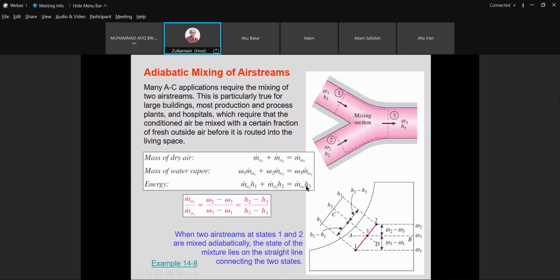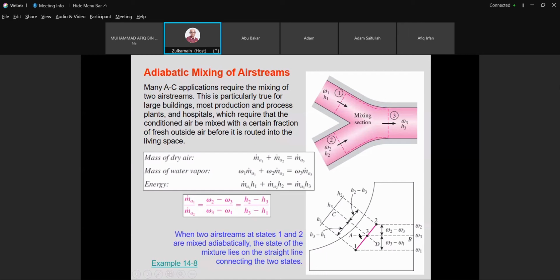From this equation, we can write omega 2 minus omega 3 divided by omega 3 minus omega 1, which is also equal to the change in enthalpy, because this is basically the gradient. The gradient of 1 to 2 is equal to the gradient of 3 to 2.